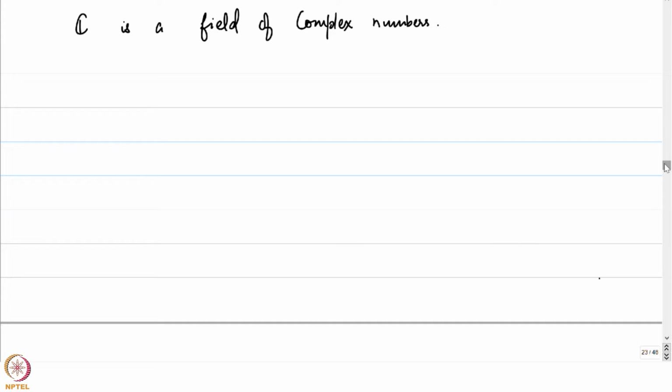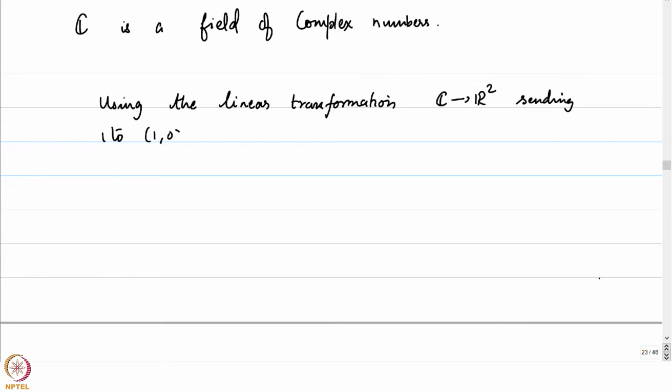So by looking at the linear transformation from C to R2 which sends 1 to (1,0) and i to (0,1), we could also define a field structure on R2 using this definition. We can identify C with R2.